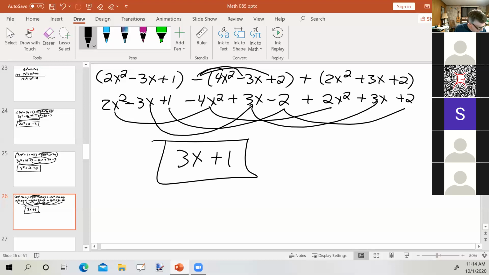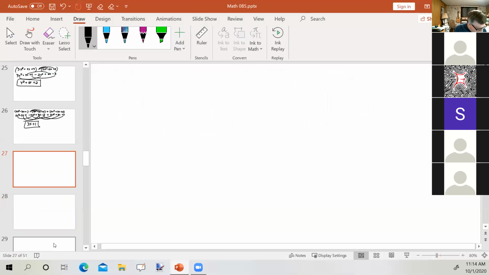Okay. Now, here's one that's a little bit trickier. We've got 7m to the 5th plus m cubed plus 9m squared minus m.